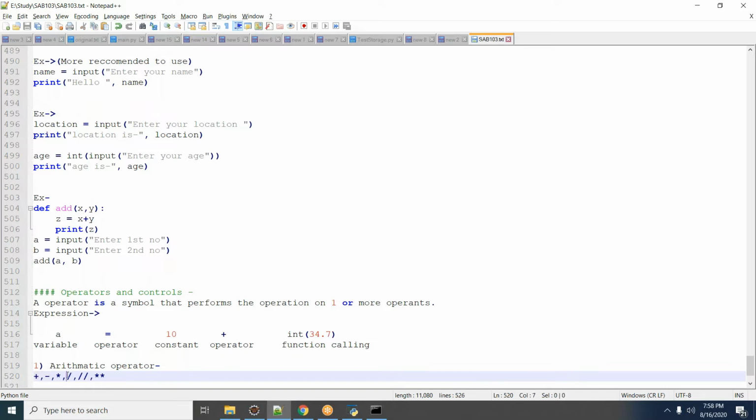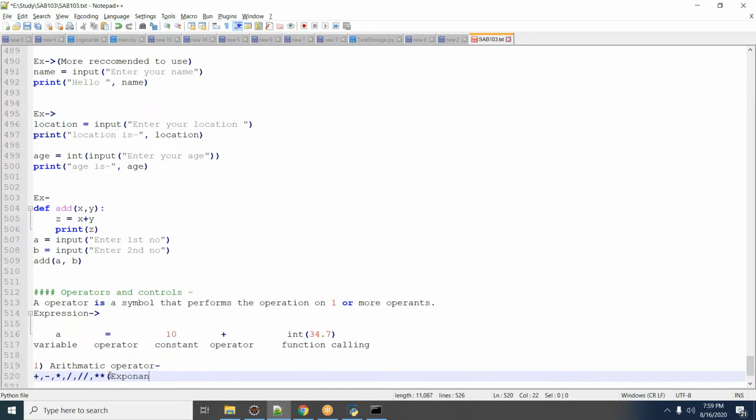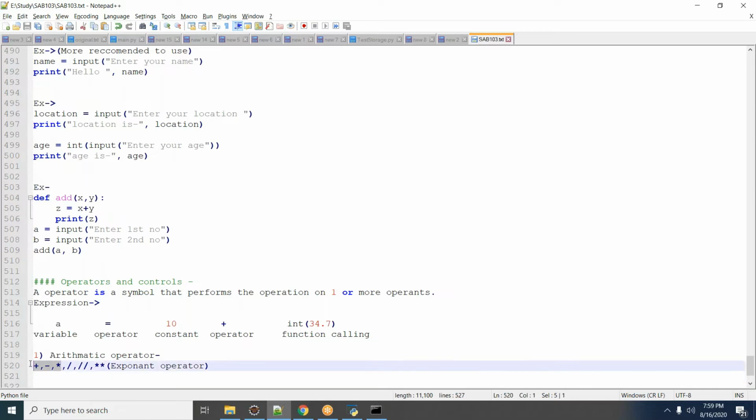Otherwise, I am directly jumping to divide, floor division, and the exponent operator. I hope these three are already clear.